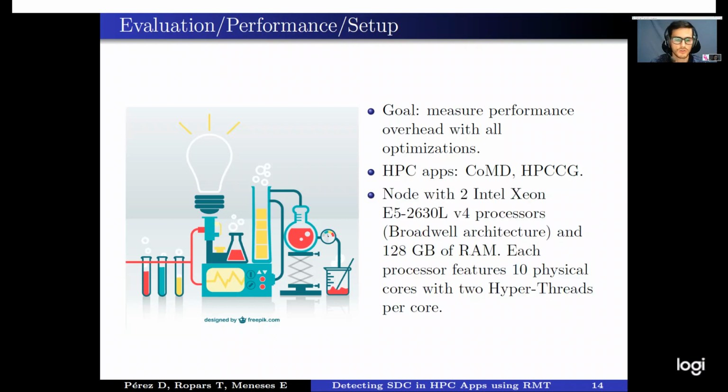The node where we run this first performance experiment has two Intel Xeons. Each one of them has 10 physical cores, so there are 20 physical cores, and each physical core has 2 hyperthreads, so it's 40 threads in total.